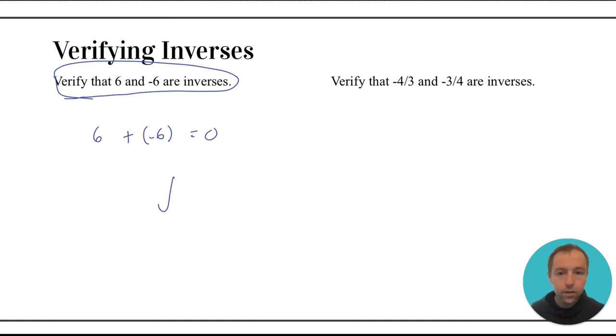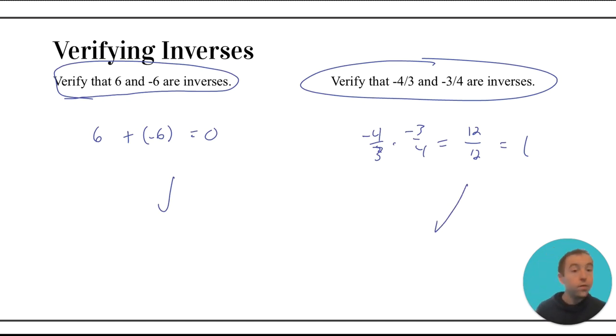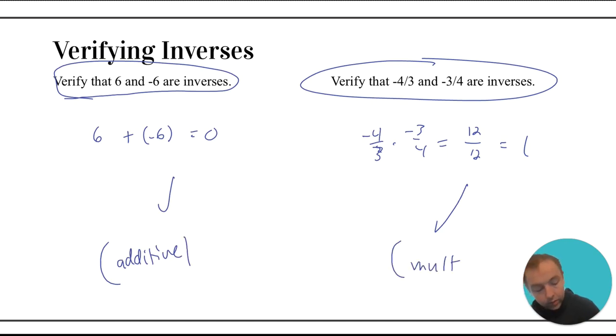And we can also verify that these two numbers are inverses, but if you add them, they're not going to cancel out. But if you multiply them, -4/3 times -3/4 equals 12 over 12, which equals 1. So therefore, they're inverses. So specifically, we were doing additive inverses here, and then here we were doing multiplicative inverses.